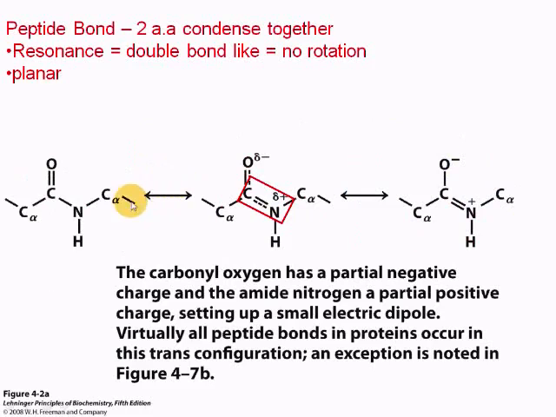Alright, and I should maybe just go back and orient you to what's happening here. This alpha carbon, that's the central carbon in the amino acid, and then you've got the amide right there, and then this is a different amino acid right here. This is the central carbon with the carbonyl group, and the carboxyl and the amide group are going to condense together to form that peptide bond.